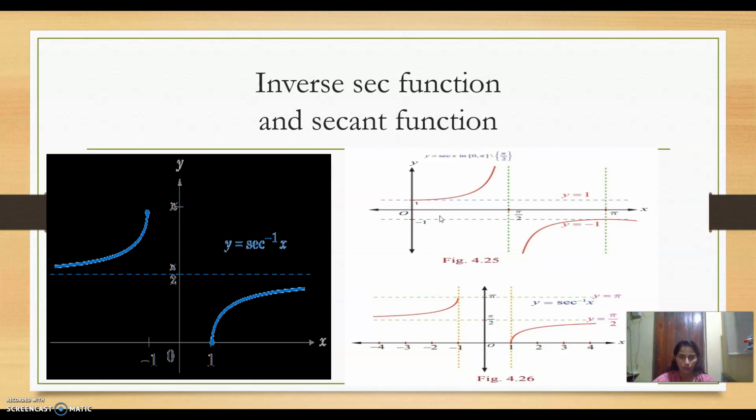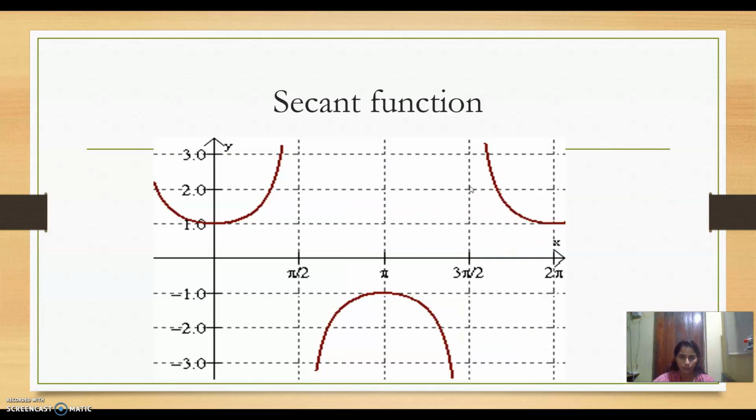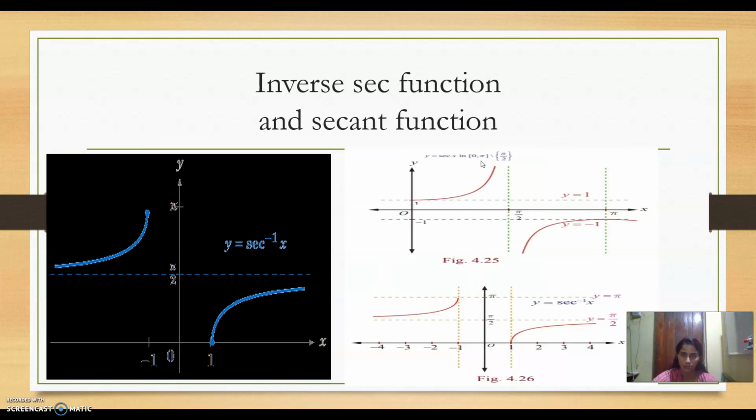For the secant function restriction, I am restricting to 0 to pi except pi by 2, where there is an asymptote. This is the graph, and this will be the inverse.